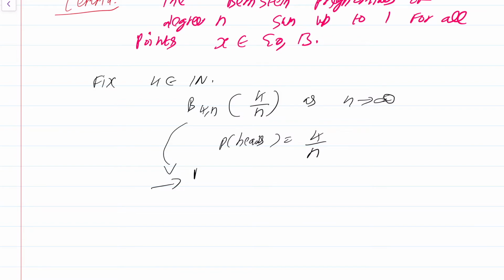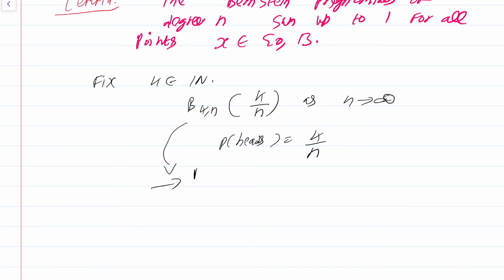But that merely says that if you take a coin whose probability of landing heads is k by n, and if n is very large and you do n tosses, you expect the number of heads to be k. So b k comma n of k by n, as the number of tosses increases, must converge to 1. This is a bit confusing because n is changing, therefore the coins are also changing.